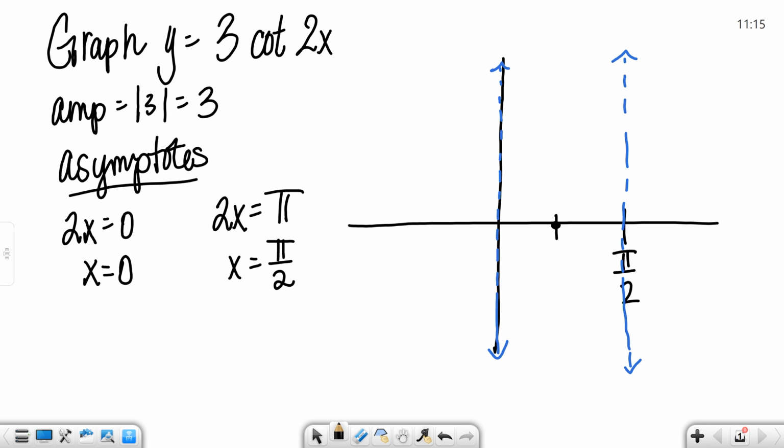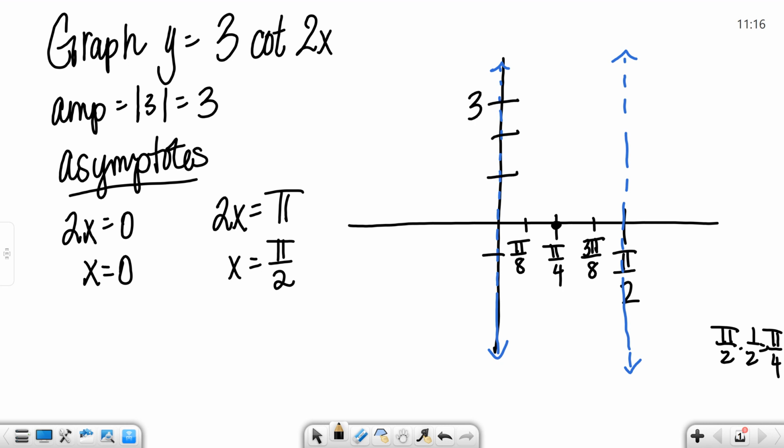Halfway between 0 and pi over 2, pi over 2 times a half would be pi over 4, for anybody that's not sure. I also need to know the value halfway between there and halfway between there. Halfway between 0 and pi over 4, multiply pi over 4 times a half, and you get pi over 8. So 1 pi over 8, 2 pi over 8, 3 pi over 8. All right, so now I've got at least the x values labeled.